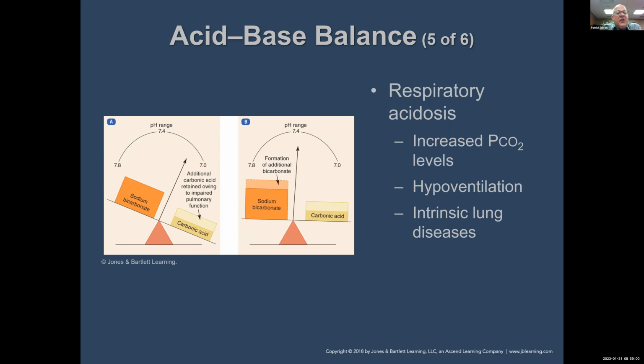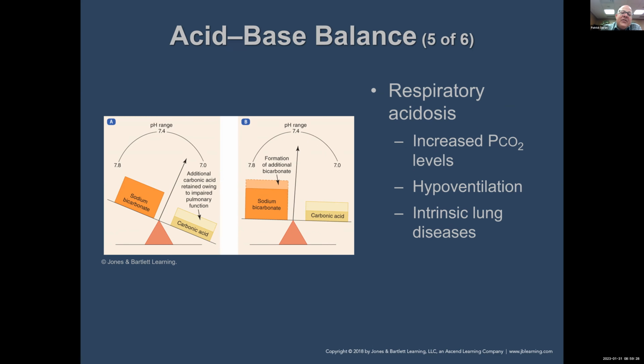Respiratory acidosis, on the other hand, is we have additional carbonic acid that is being retained, right? And so we have that CO2 that's going up in the blood, and it's causing us to be more acidic. And so we need to create additional bicarbonate and get that pH range back to 7.4.